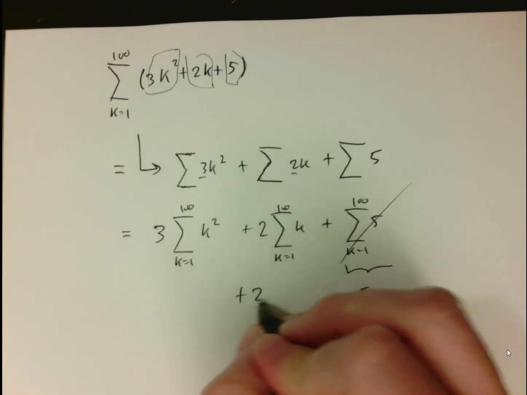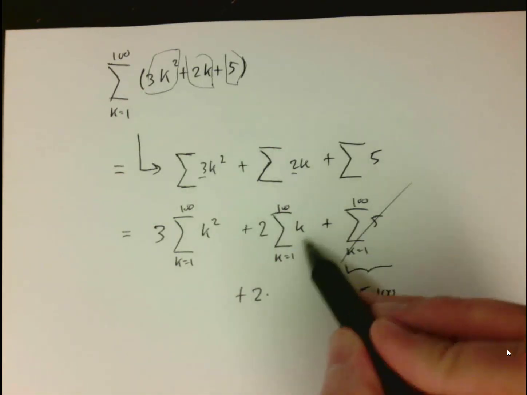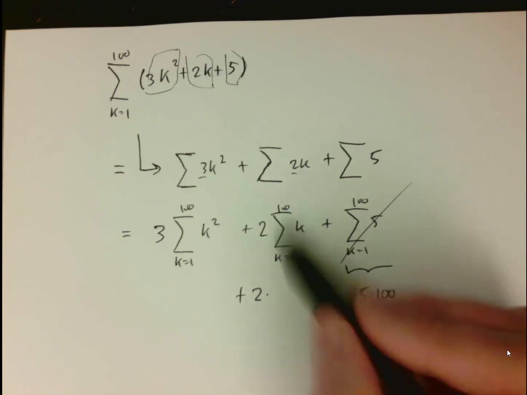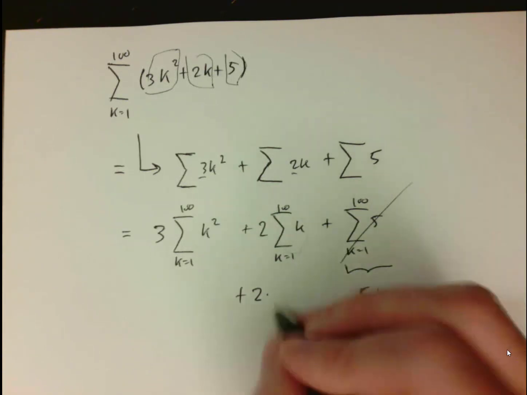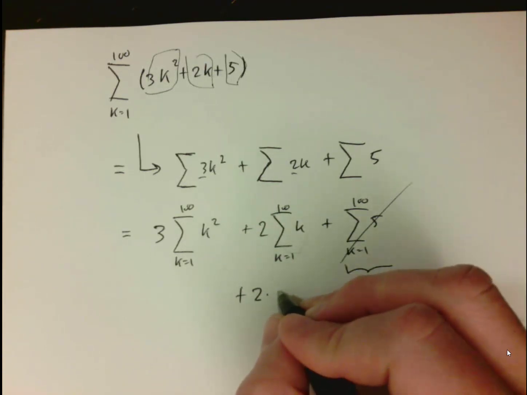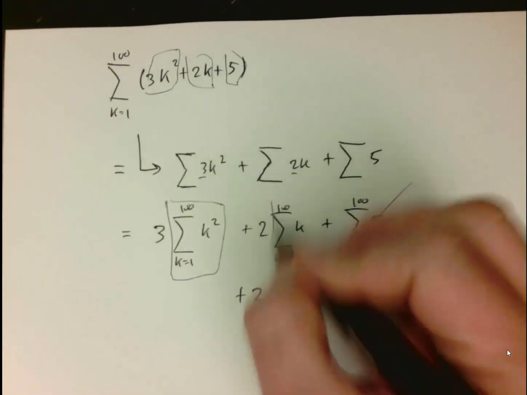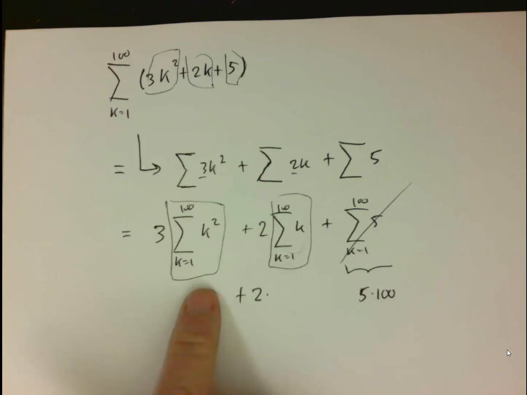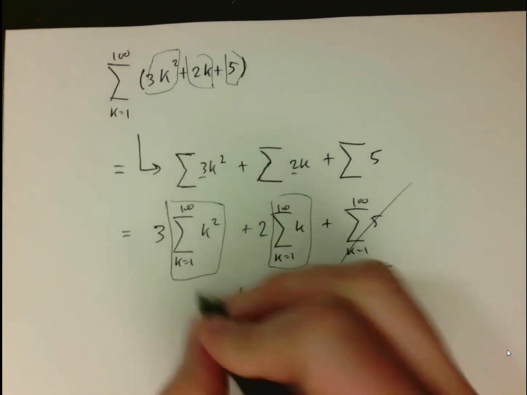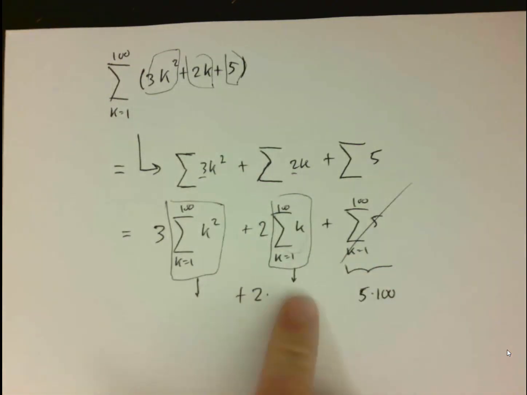Here I've got 2 times the summation of k. This is just 1 plus 2 plus 3 plus 4 all the way up to 100. And so this is a situation where these two are like really basic building blocks for summations, and you would look up equations for what these two things are equal to.